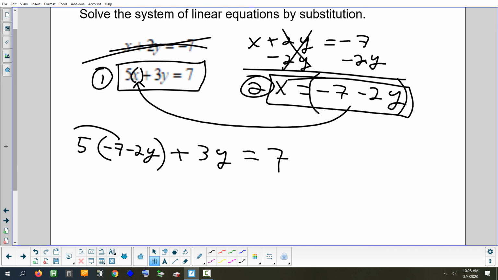Distribute. Okay, so we got to distribute. If you need your calculator, I'll have one you can use. 5 times -7. What's 5 times -2y? -10y. Perfect. After you distribute, the next step is usually to do what, the 3 letters?